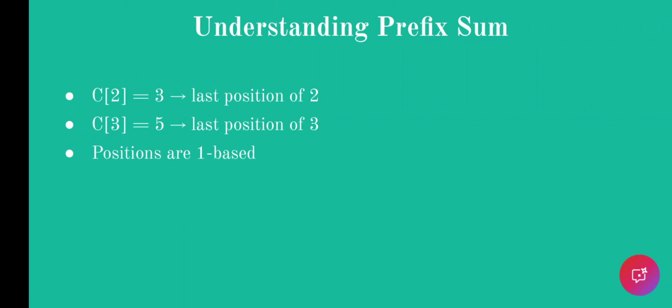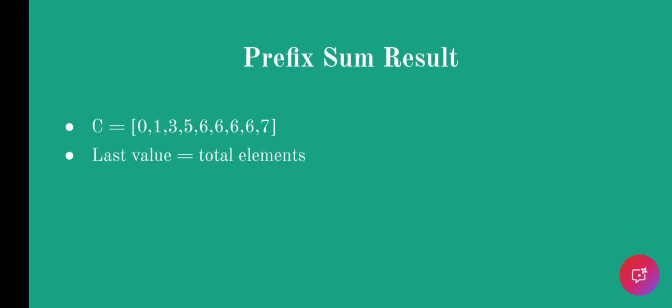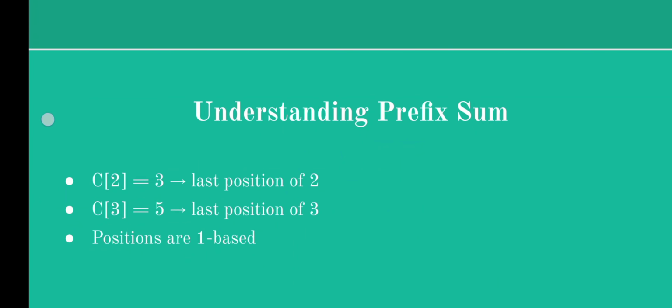So before building the output array, let's make this thing clear. C2 equal to 3 means last position of 2. If we see the element at index 2, that is 0, 1, 2, that is 3. So we see that C2 is equal to 3.